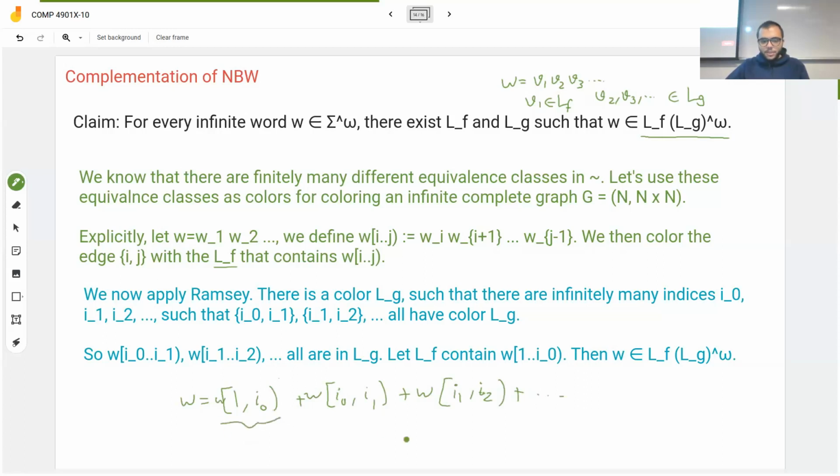I don't care about this first one, but for all of these other ones, I proved that they are in the same equivalence class, and I called that equivalence class LG. And I just called the equivalence class of this one LF. So W is in LF LG omega. It starts with something in LF, and then it continues with an infinite number of things in LG.